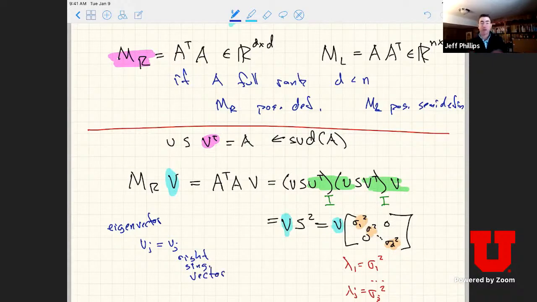Okay, so the right singular vectors of a matrix A are the same as the eigenvectors of A transpose A. So the eigenvectors and the right singular vectors are basically the same things after I've done this A transpose A. When I square it, I'm multiplying it by itself, I get a square matrix, and then I can define eigenvalue decomposition, and it's the same thing.